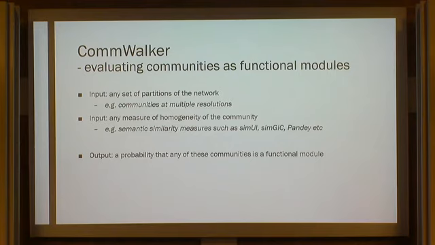If you want to do little ego networks, one-hop networks, fine, doesn't matter to me, your choice. And you can have any measure of homogeneity of the community. I'm going to use these because I'm working on protein interaction networks, but it doesn't matter. But that's what I need. I need partitions of the network, and I need to be able to measure that homogeneity. And then what I want to output is a probability that that community is a functional module.